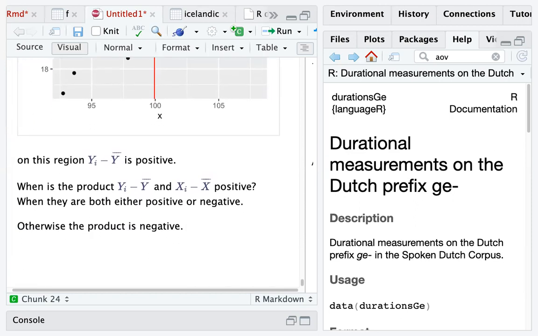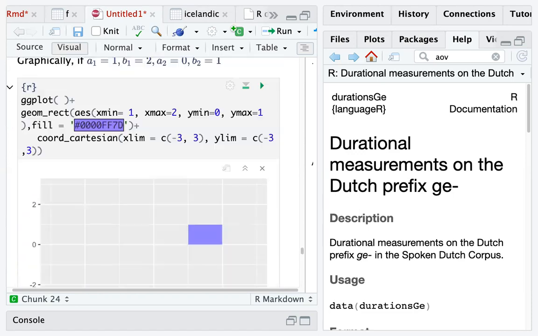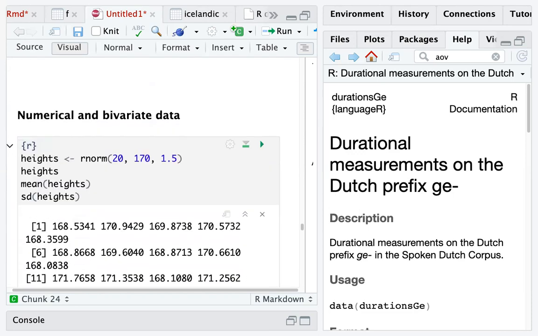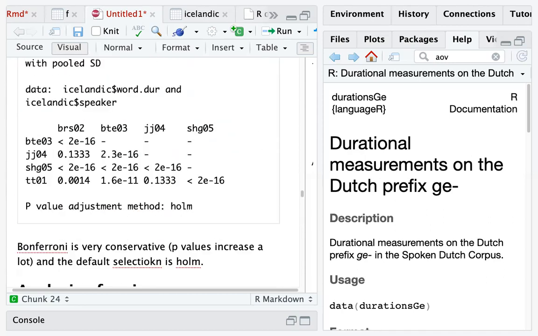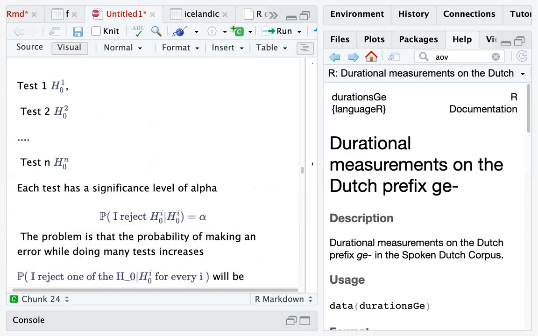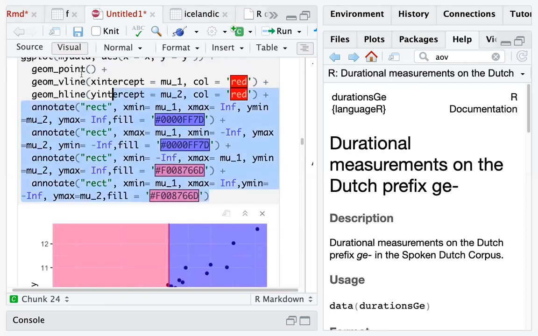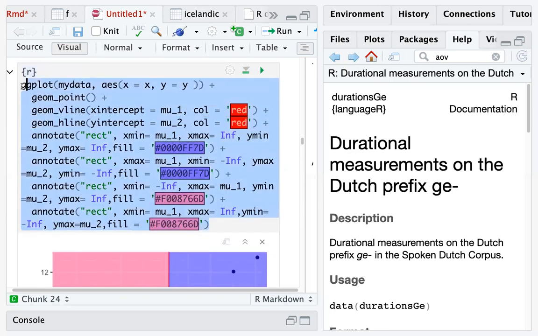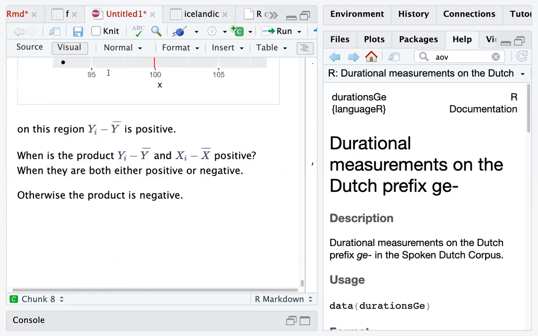So coming back to the graph, let me go back and take this graph here.